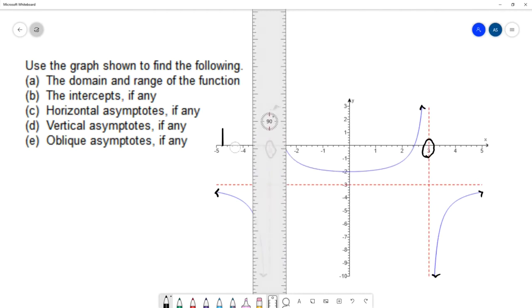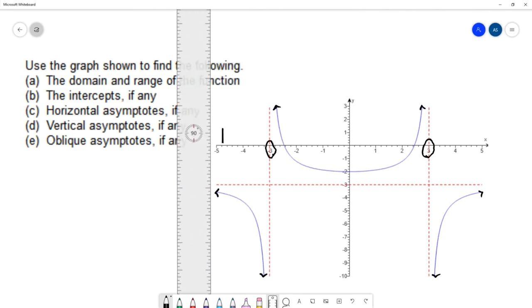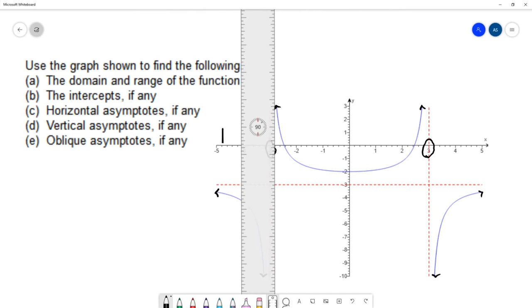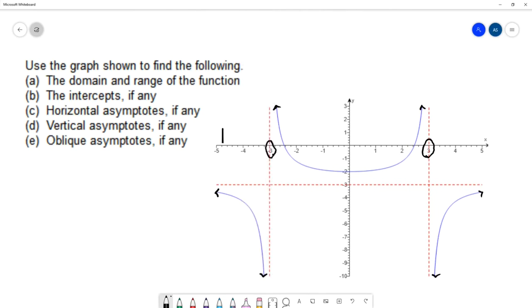So I know that my domain is going to be all real numbers except for those two asymptotes. You can write that in interval notation, or you can write it in set builder notation. In interval notation, that would be negative infinity to negative 3, union with negative 3 to 3, union with 3 to infinity.